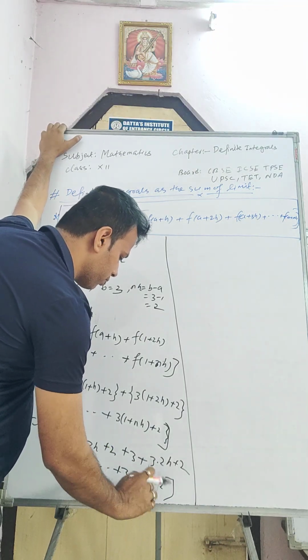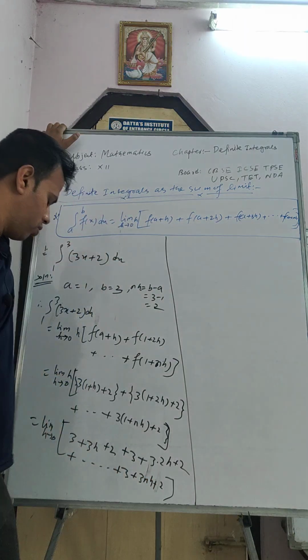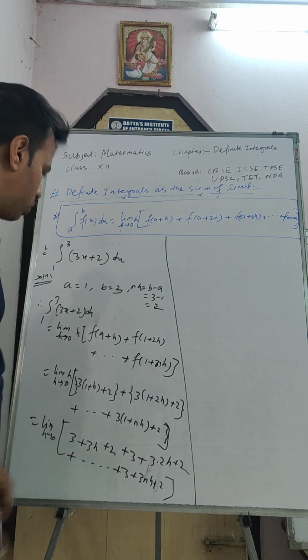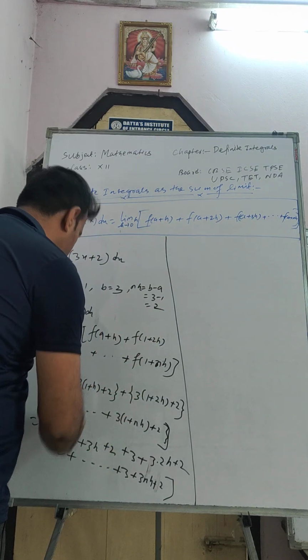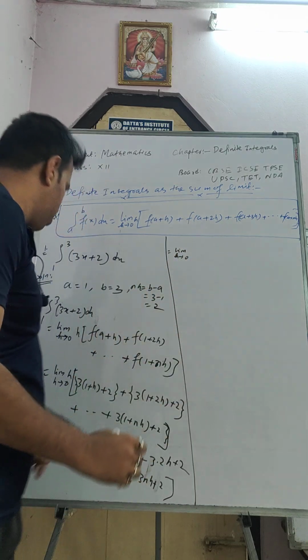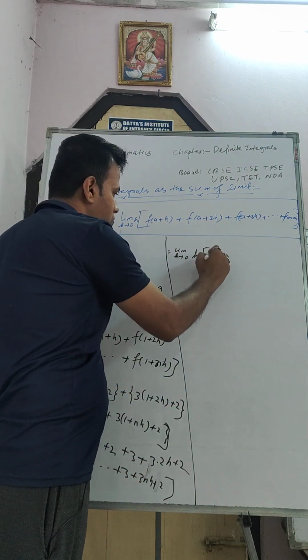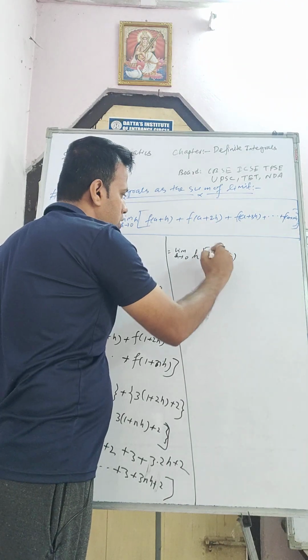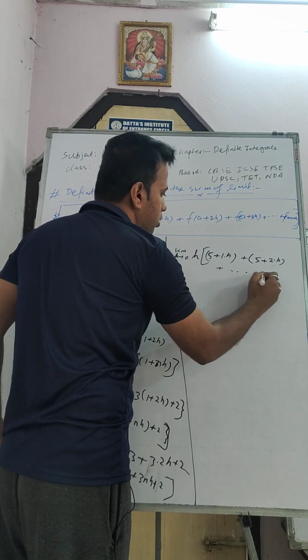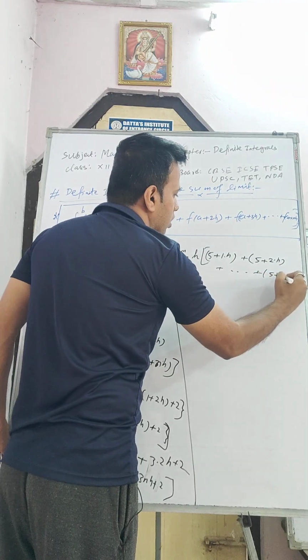Now if I simplify this one, limit h tends to 0, h into [5 plus 1 into h, plus 5 plus 2 into h, plus dot dot, 5 plus n into h].